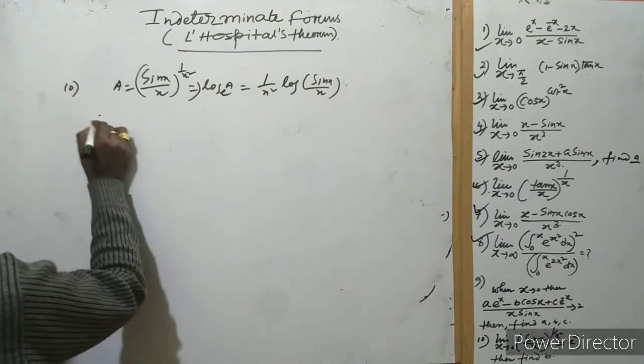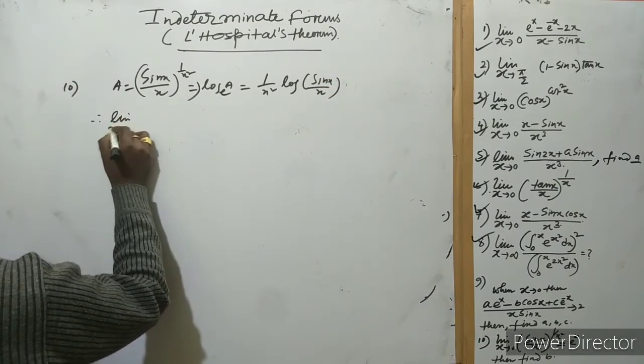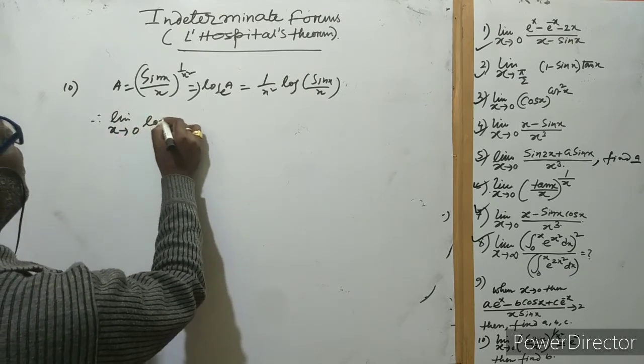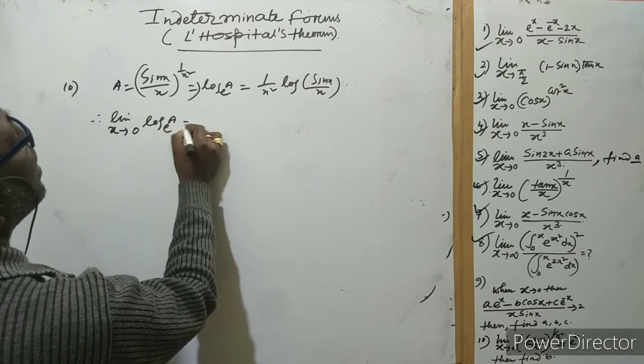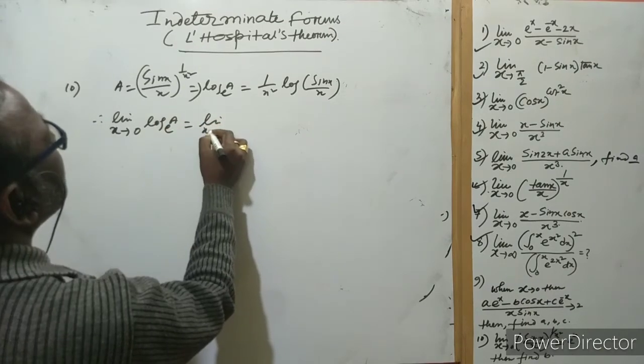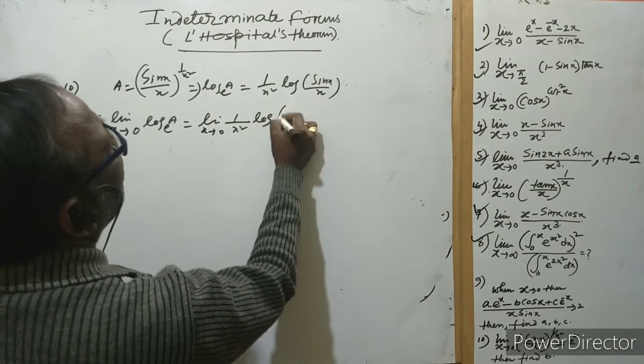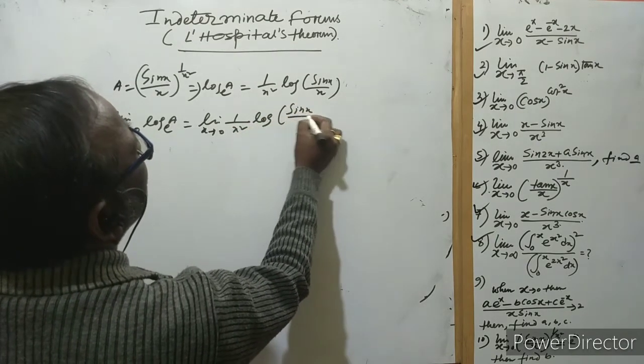Therefore limit x tends to 0 of log a is limit x tends to 0 of 1 by x square and log of sin x by x.